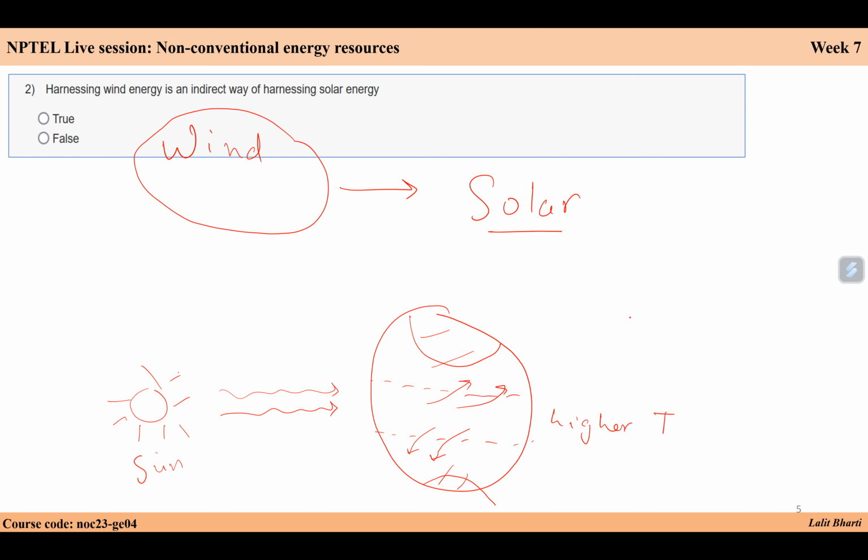The same thing happens at the Earth surface due to the solar radiation. The air near the Earth gets warm and goes up, and similarly the colder air comes down.